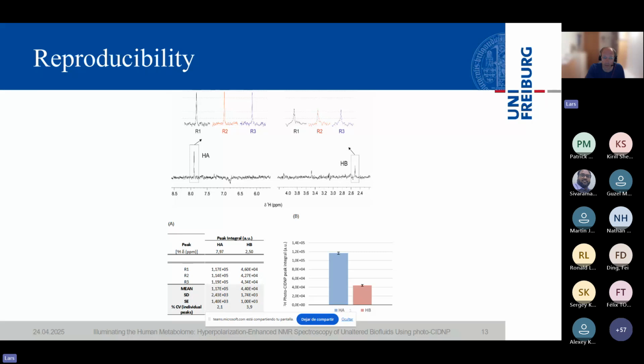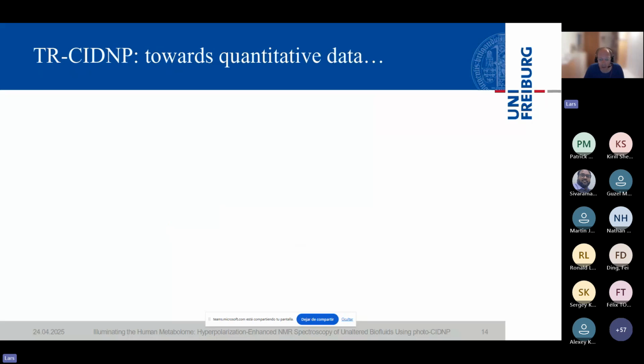An even more important aspect of a newly established method in the field of metabolomics, of course, is the question whether it provides quantitative data. And that's maybe a bit of a downside of CW-CIDNP. CW-CIDNP will probably never be able to provide you with quantitative data because mostly you just illuminate for too long. So there are a few side reactions that also occur at the same time.